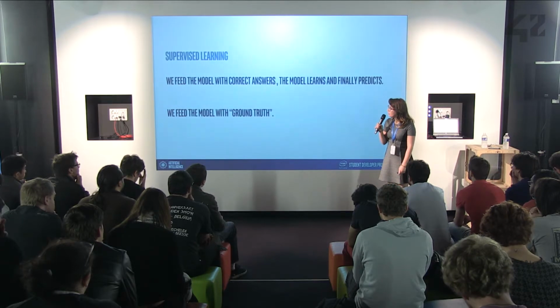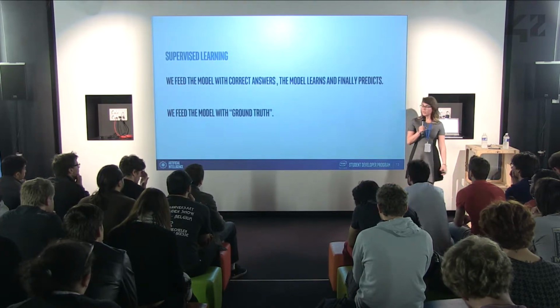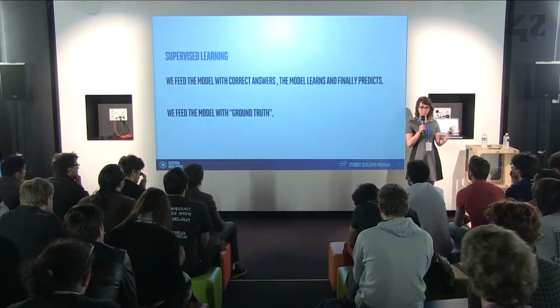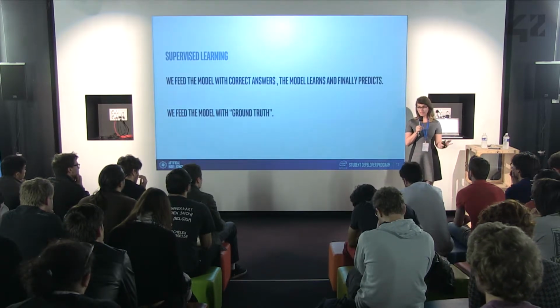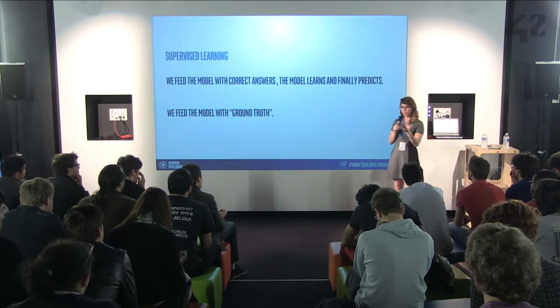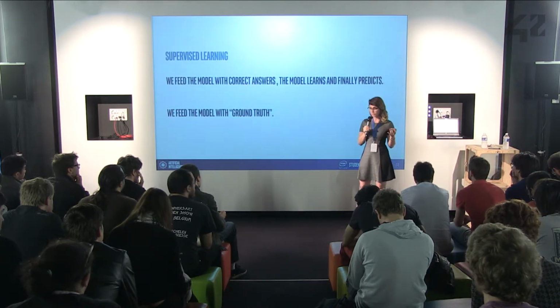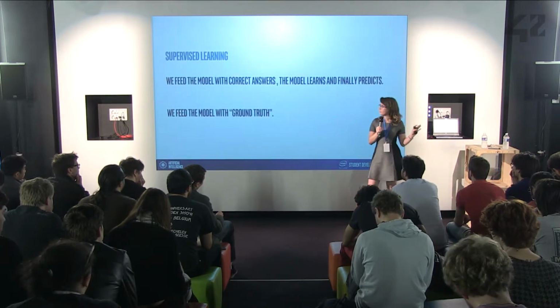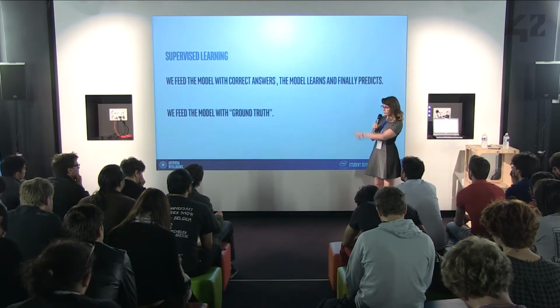In supervised learning, we feed the model with correct results. We give the model the data, but we also have to provide the model with what we know is the truth. This information of the truth is the label, and it's also called ground truth in machine learning.